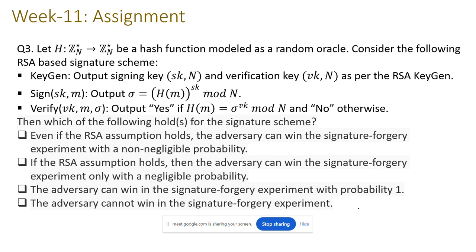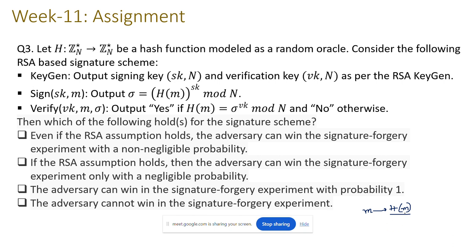Right. So the reason why the adversary is not able to forge is because for a given m, the h of m is completely random over the space Zn star. So for any m, h of m is completely unpredictable.